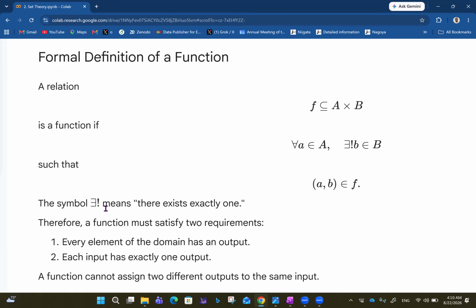This sign now means there exists exactly one b.